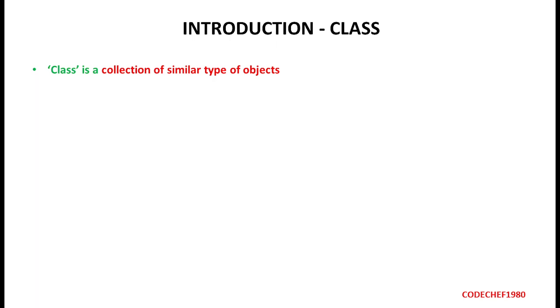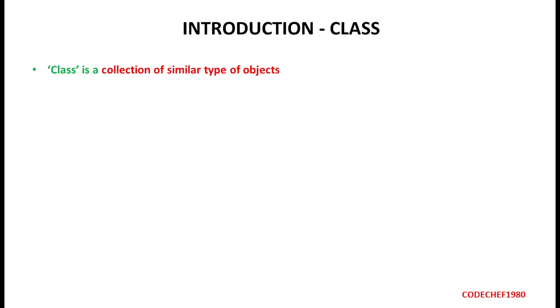It is a collection of similar type of objects. Please understand, in the problems we deal with in software development, we can identify different entities, and those entities may have a similar type of structure. For them we can make a common structure with the help of the class programming element.